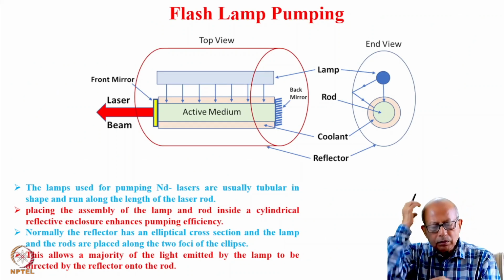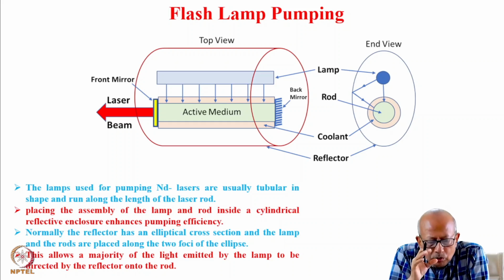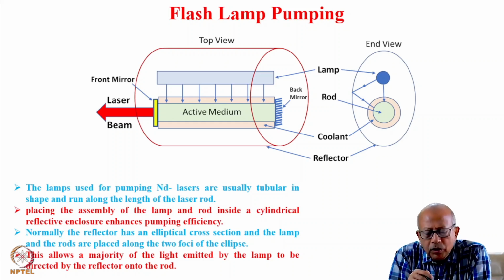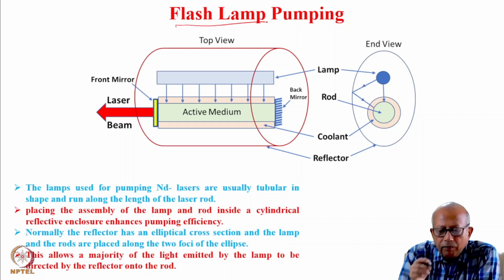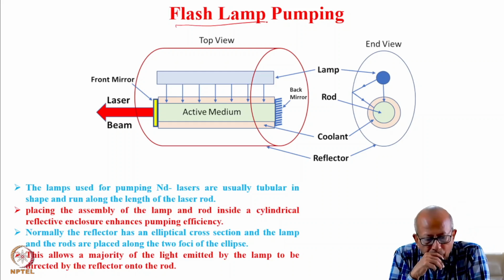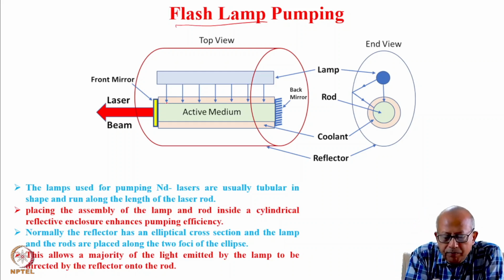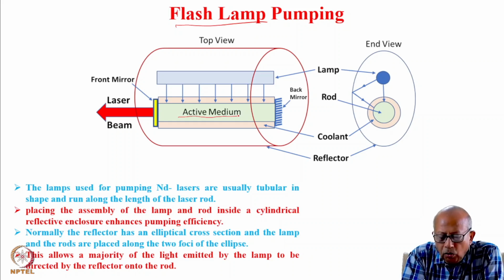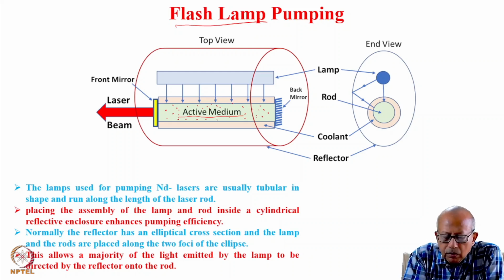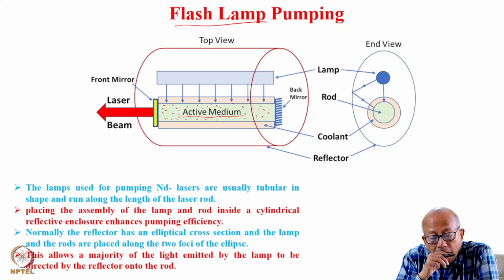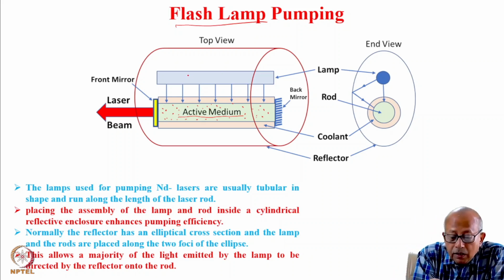So then, let us turn our attention to pumping a solid-state laser with a flash lamp. This is the active medium, that is the host into which the light-emitting atoms are embedded. So this is the medium which has to be pumped by the photons emitted by this flash lamp.